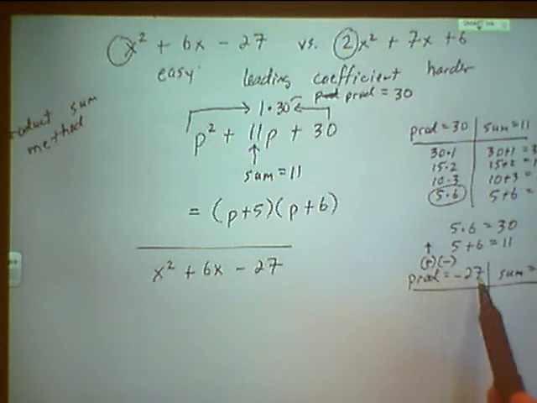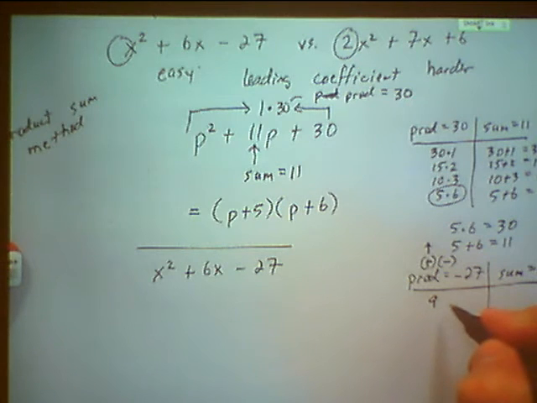So now I can try and list the two numbers that multiply together equal negative 27. And let me tell you, once you begin to factor trinomials for a while, a lot of times you can figure out the factors very quickly, almost in your head. So for instance, if I think about 27, 9 times 3 is 27. So I'm going to have positive 9 times a negative 3. So positive 9 times negative 3 equals negative 27.